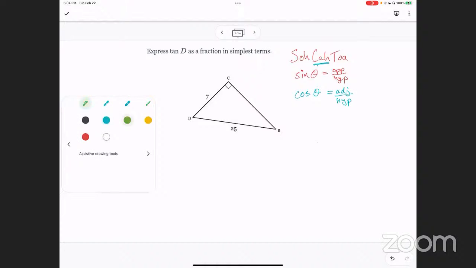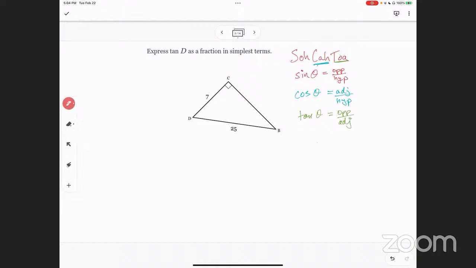And toa is the tangent of an angle is equal to the opposite over the adjacent. That's what Sohcahtoa means. Just a little mnemonic that helps you remember the three basic trig functions, sine, cosine, and tangent. So it only works when you have a right triangle. See how I have a right triangle?